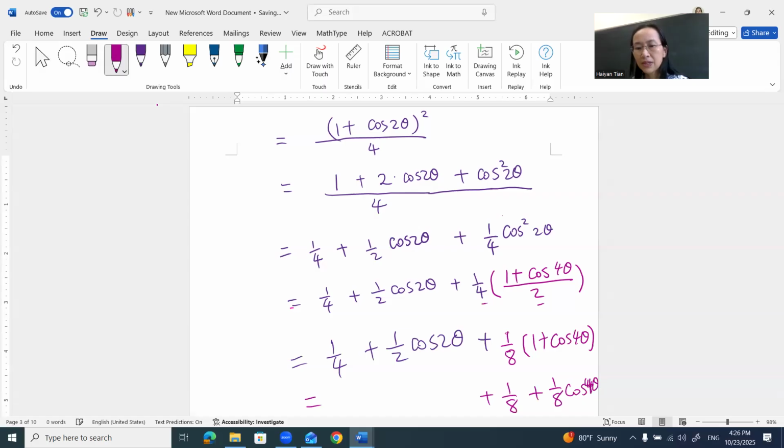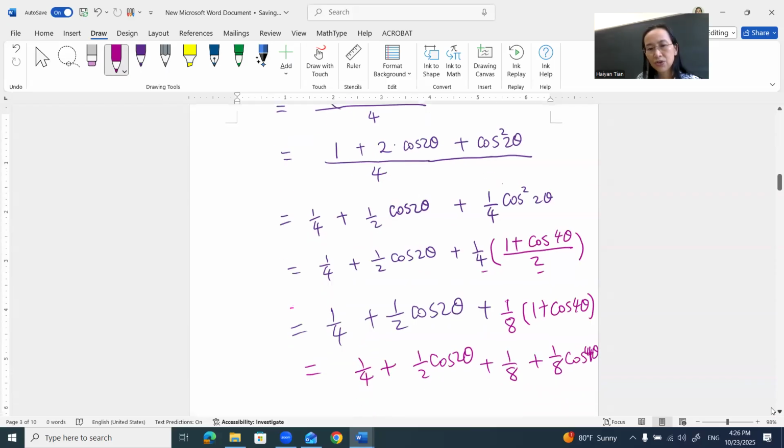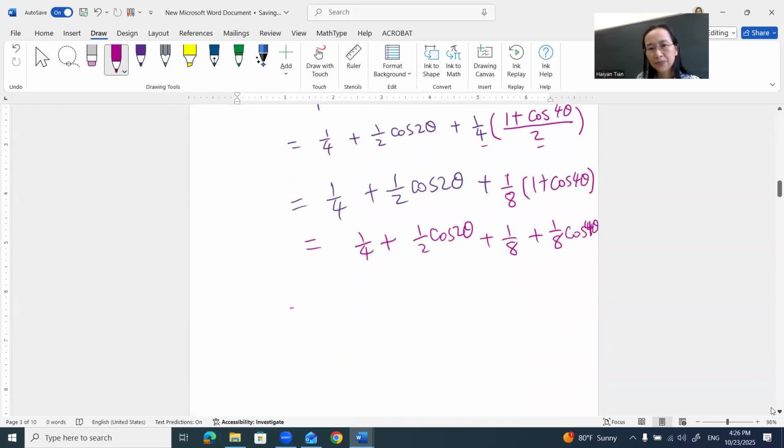So once we have that, then we can look at the other terms. Half of cosine 2 theta and 1/4. Now it's easier to see, do we have more things to combine? So we just do the expansion first.